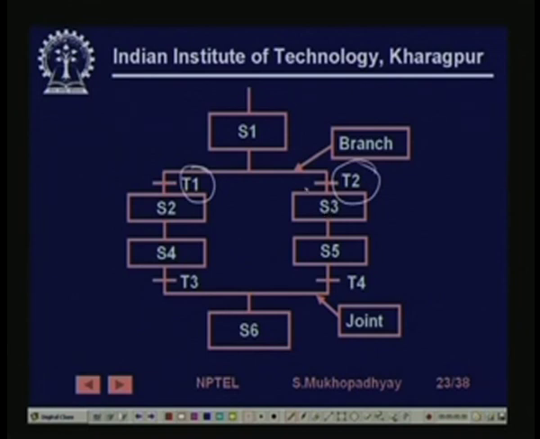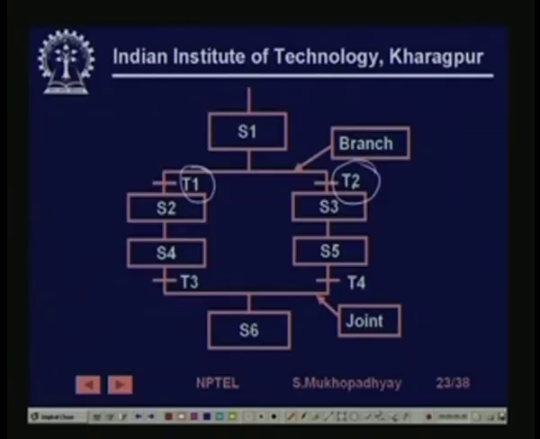It could conceivably also happen that in a given scan T1 and T2 both become true. In that case you have to resolve it, because both transitions cannot take place simultaneously. There is a convention that the leftmost transition takes place. So if T1 and T2 are both true at the same time, then T1 is assumed to have taken place.